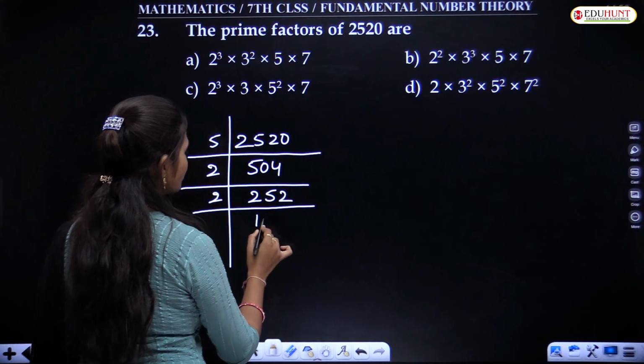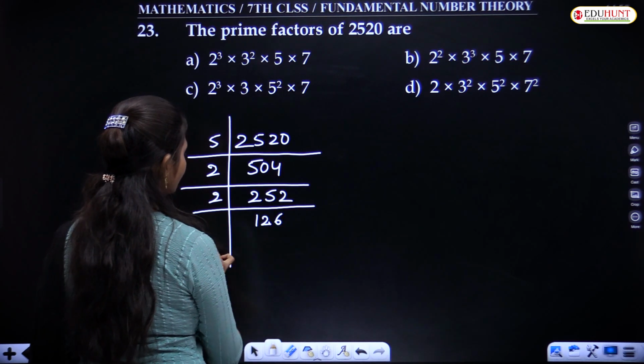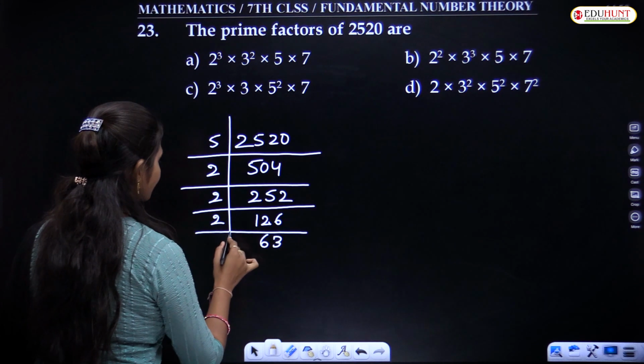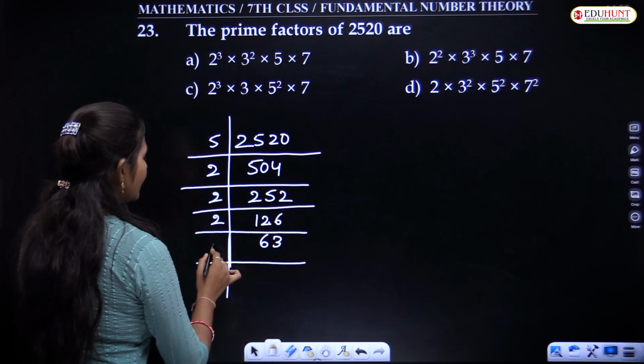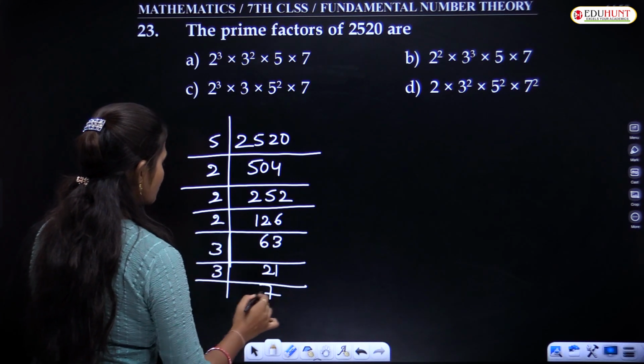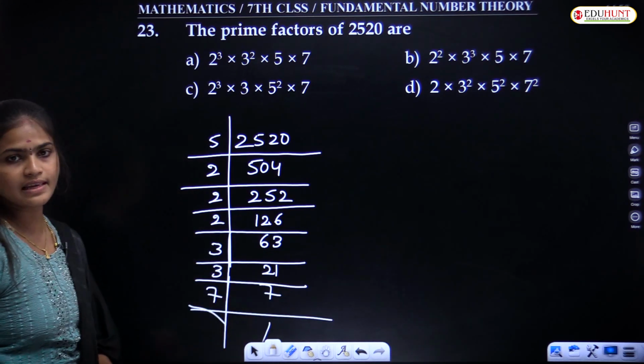Next, 2 6s are 12, next 2 3s are 6. Next, 3 2s are 6, 3 1s are 3, 3 7s are 21. Now 7 1s are 7.